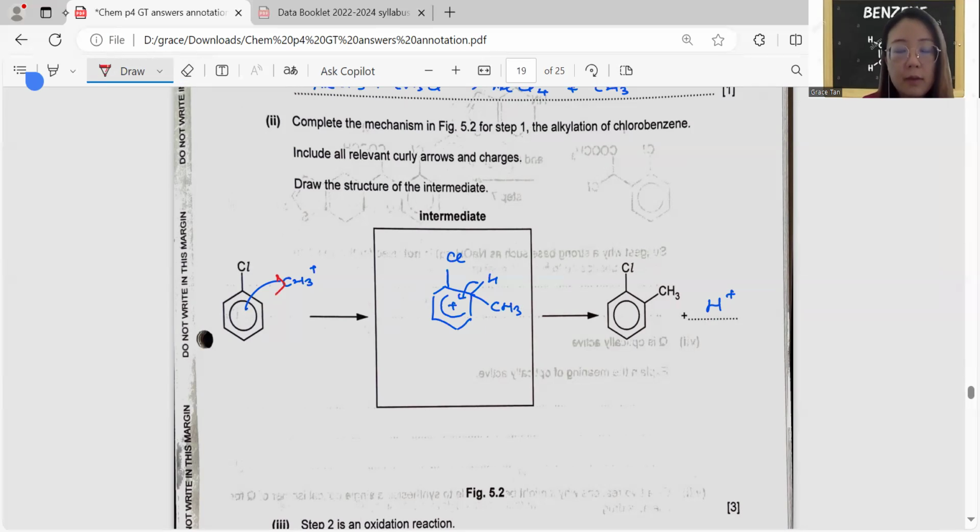Then you have a semicircle and a positive charge. Make sure you have an arrow to show that the C-H bond will flip back into the ring, so the arrow must originate from the bond into the ring. And please remember to show the H plus that is substituted out, because eventually this is a substitution. Somebody goes in, somebody needs to come out. You need to show that H plus comes out.